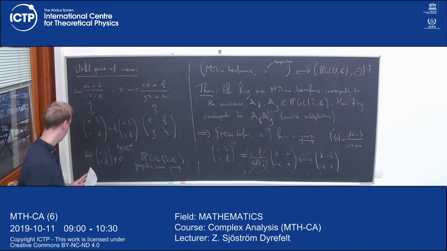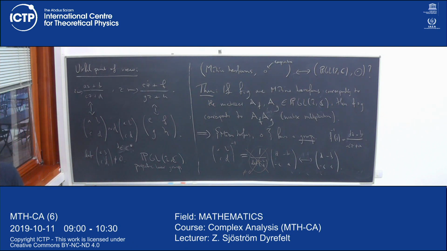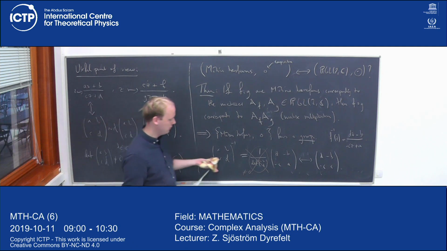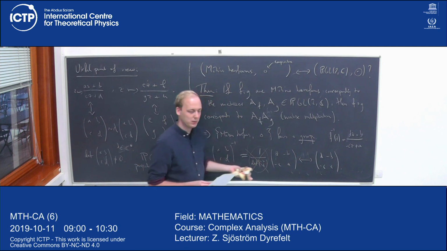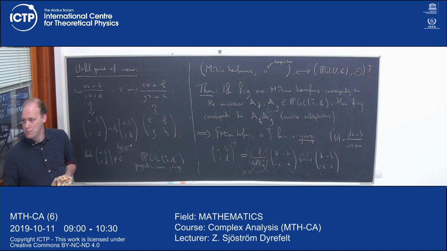But this is true. Maybe we need the determinant, but if we assume that the determinant is 1, then we can remove it. You can assume that the determinant is whatever you want, because you're allowed to multiply with this number. I'm talking about the equality, because we take the inverse.